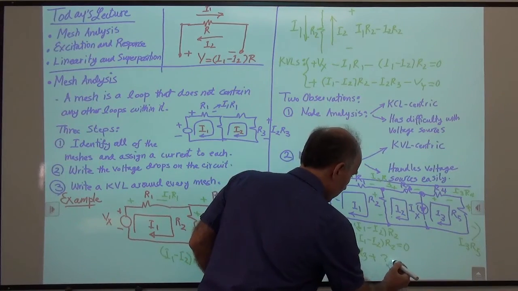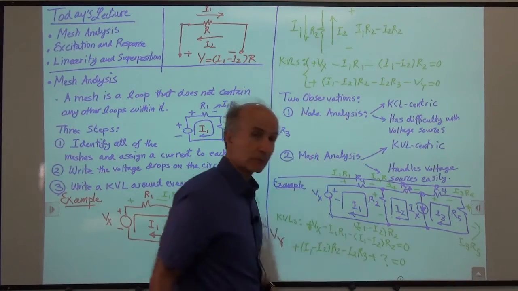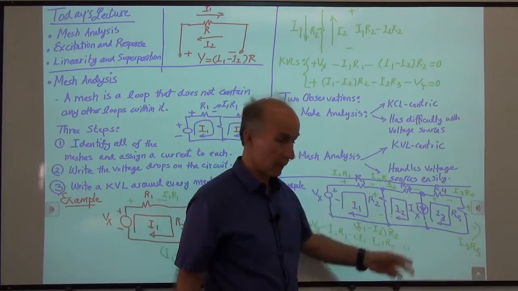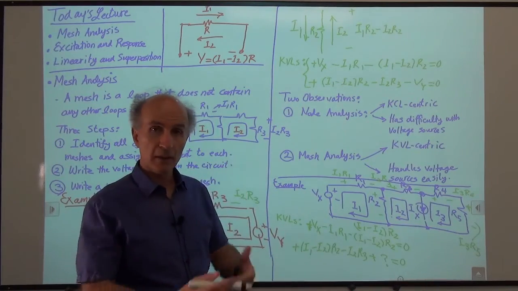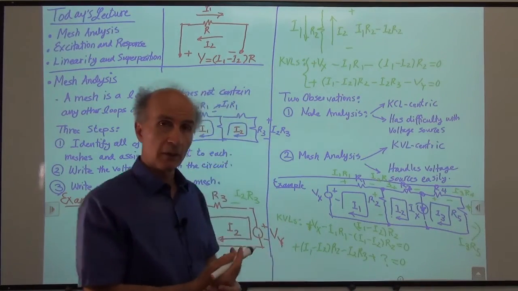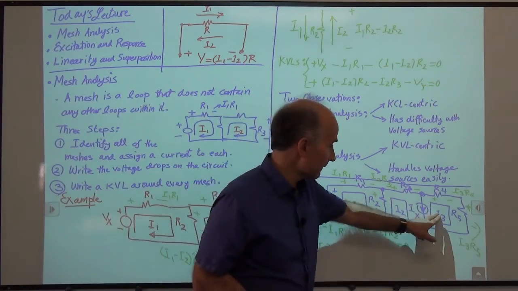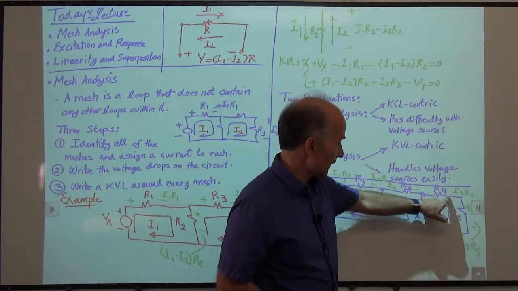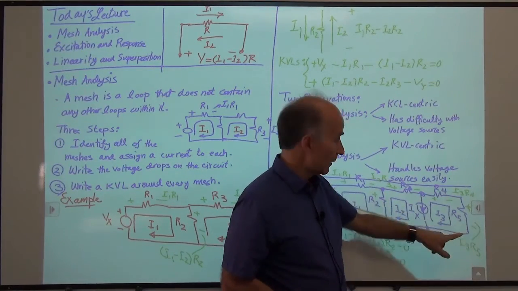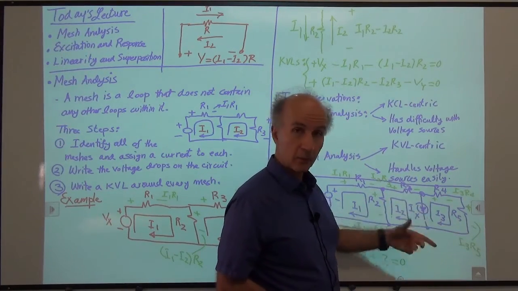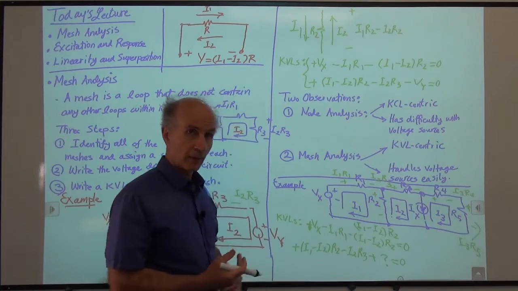We can't say anything about this. We don't know how much this voltage is, and we don't want to call it something because then the number of equations will not be equal to the number of unknowns. And similarly for this one, I have a voltage drop for this, another one for this, that's great. But this doesn't have a voltage drop on it. We don't know what the voltage drop is, so we have a problem.